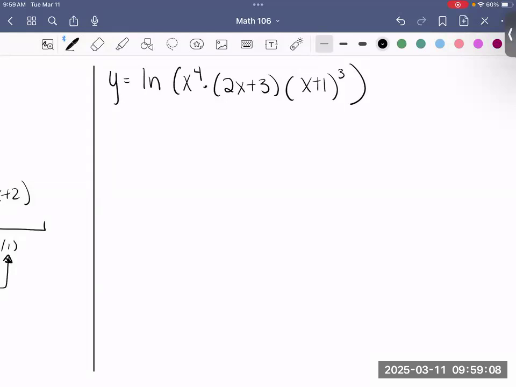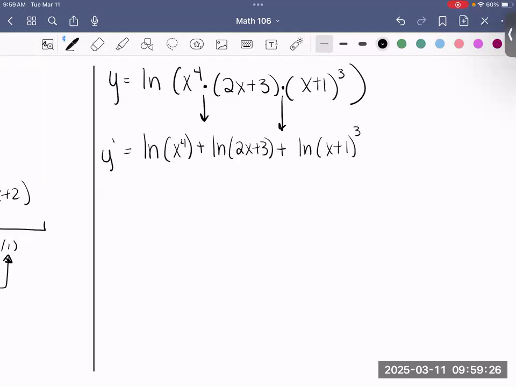So step 1 is converting these into separate logarithms. Okay, so that is just it written out. And now we can go ahead and derive these separately.